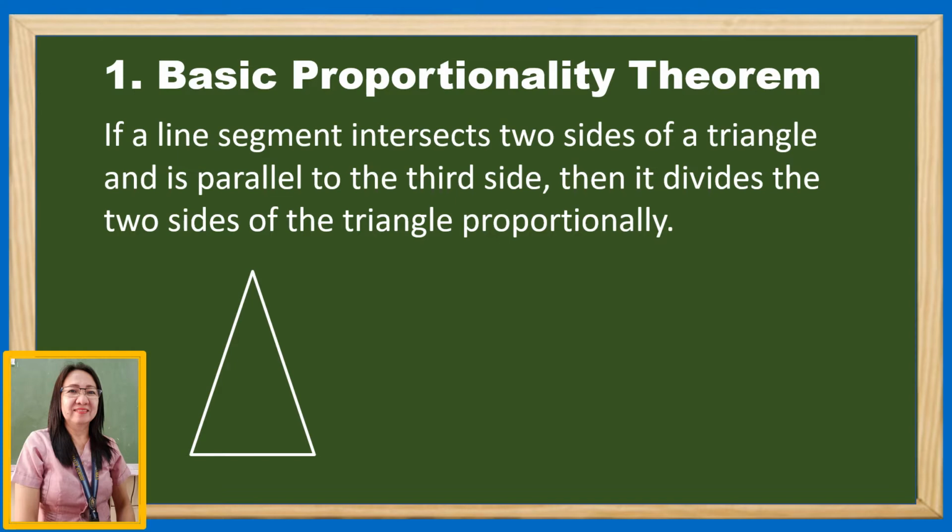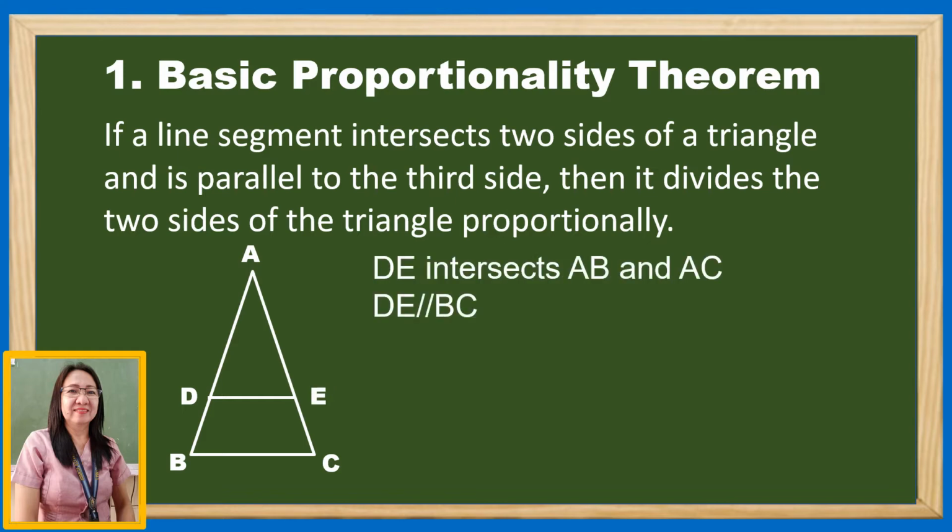Let us name our triangle as ABC, and we draw a line segment, let us name this as segment DE, where segment DE intersects side AB and side AC. And this segment is also parallel to our side BC.